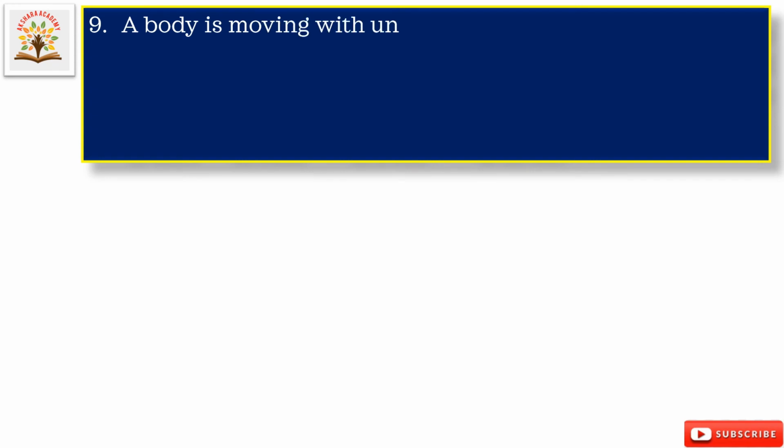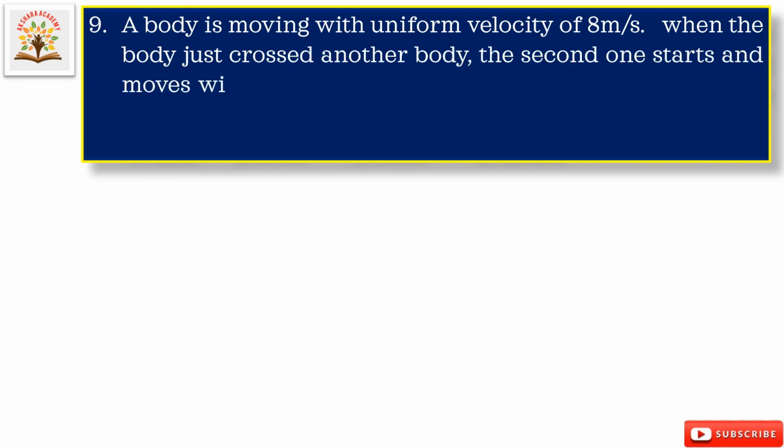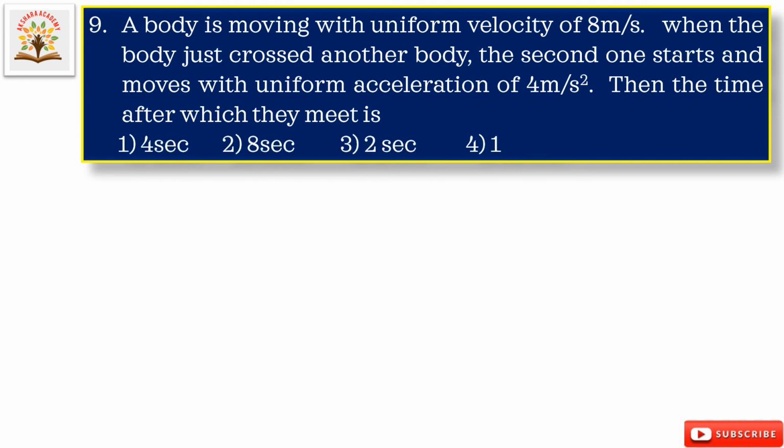A body is moving with a uniform velocity of 8 meters per second when the body just crossed another body. The second one starts and moves with a uniform acceleration of 4 meters per second square. Then the time after which they meet is, here we have to calculate the time. Now let us go to the solution.